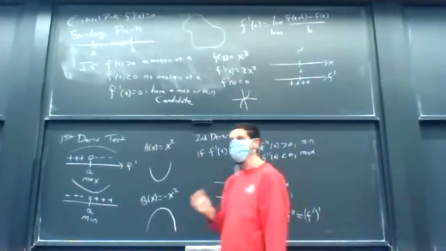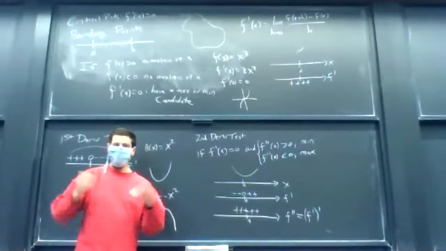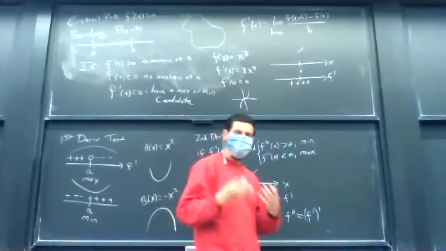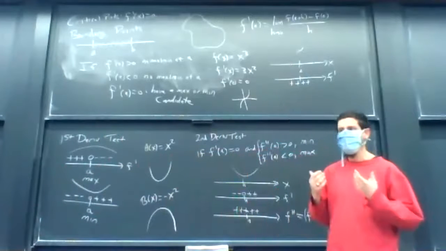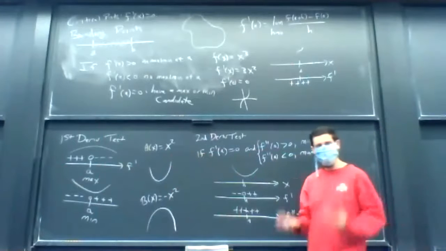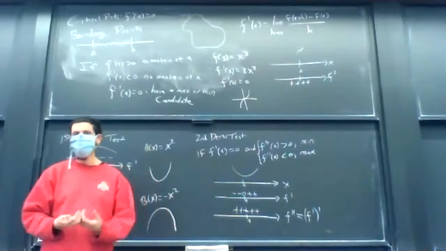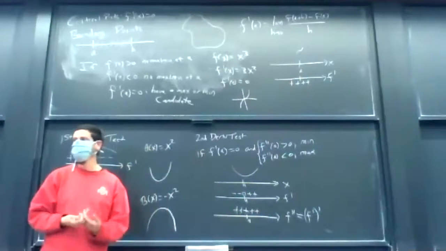But you need to check and see, am I at a maximum or minimum? For a lot of things, it's going to be clear. For the Farmer Brown problem, we're trying to figure out what is the optimal configuration to maximize the area for our cows, which is a very important problem at a school like this. Almost surely the answer we get is going to be the maximum and not the minimum.